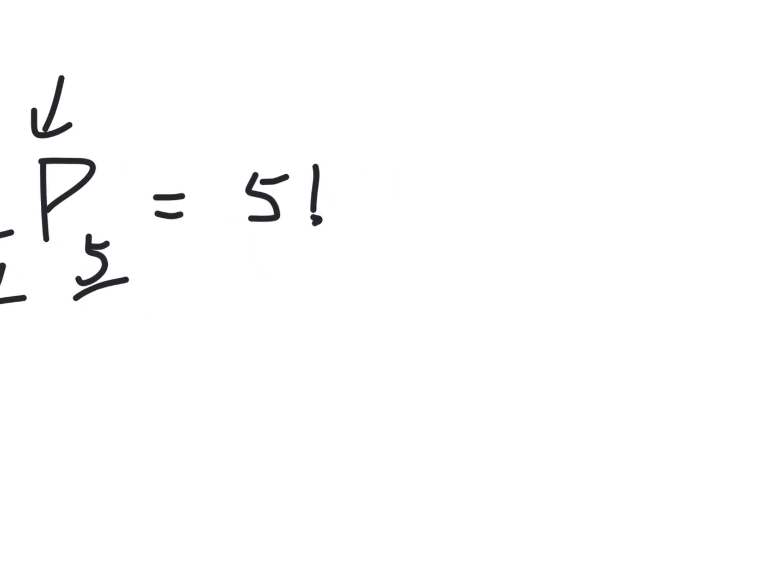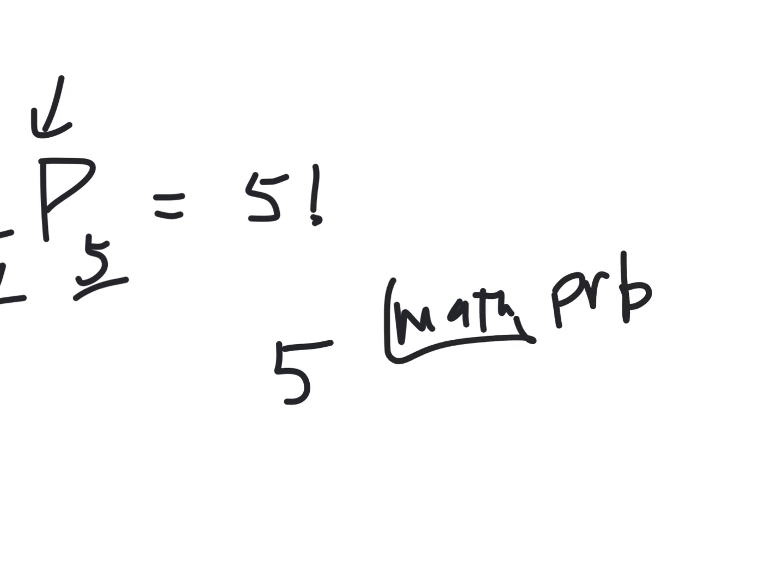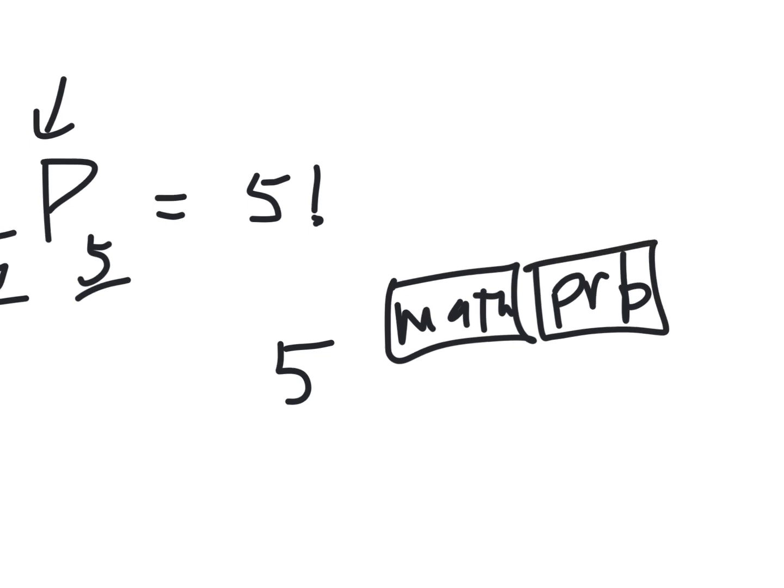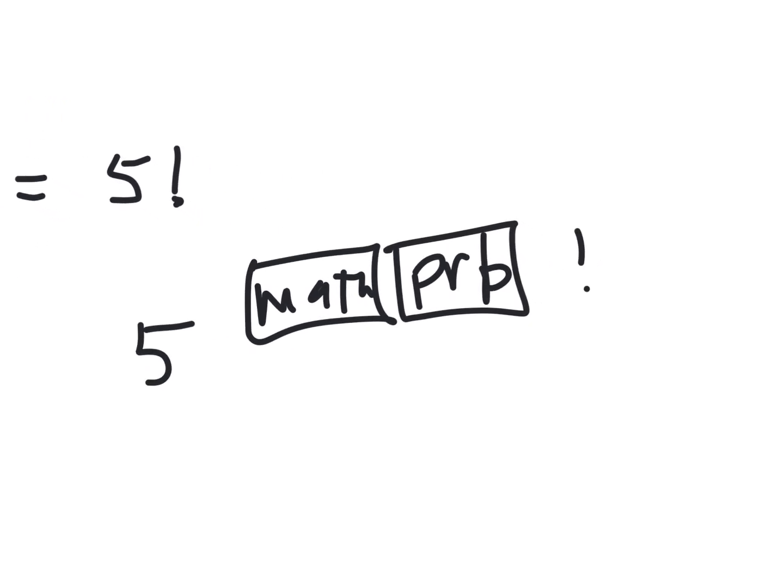Everybody type in 5 and then go find the math button. This is on the graphing calculator. And then the PRB menu, math, probability. And then look for this thing. 5 factorial. What it means is 5 times 4 times 3 times 2 times 1.